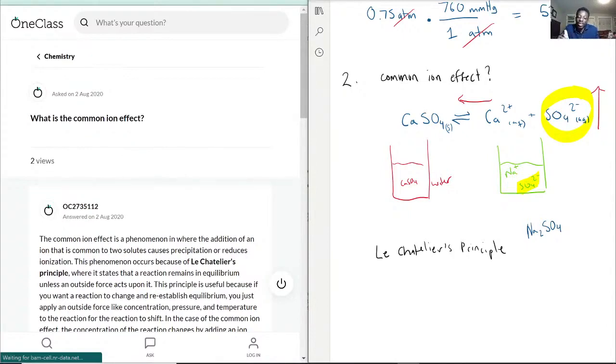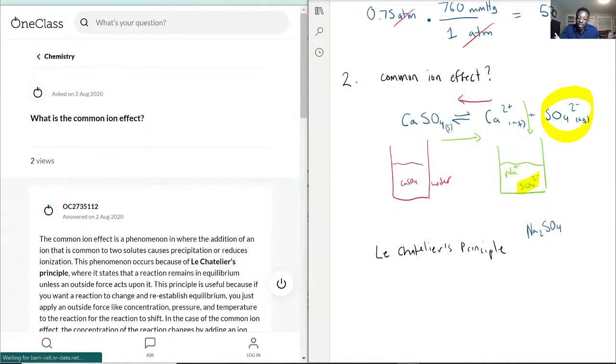Now let's say there was some way we could extract this calcium out. If that happened, the reaction would favor the products, and more of this solid would dissolve. That is Le Chatelier's principle: as concentration changes, the equilibrium changes as well.